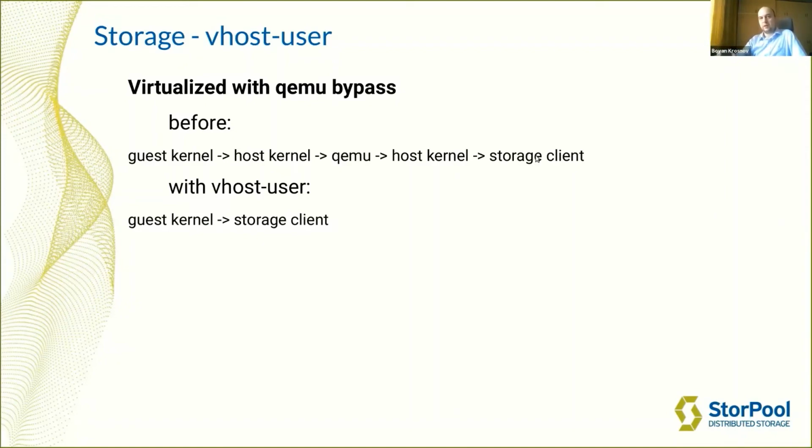That may be a nice cozy initiator in the kernel, or it may be user space processing operations. With vhost-user, you could get the guest kernel talking directly to a storage initiator. And this is the approach we use in StorPool to achieve very high performance for KVM guests. It's not the only thing we do to achieve high performance, but this is one of the tools in our toolbox, right?